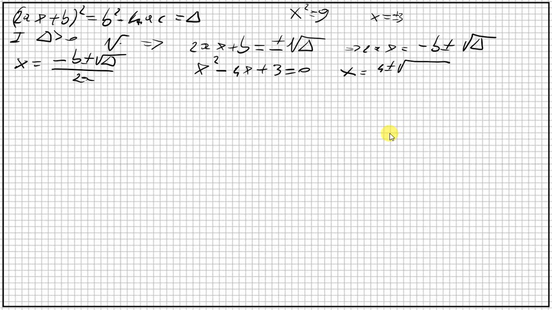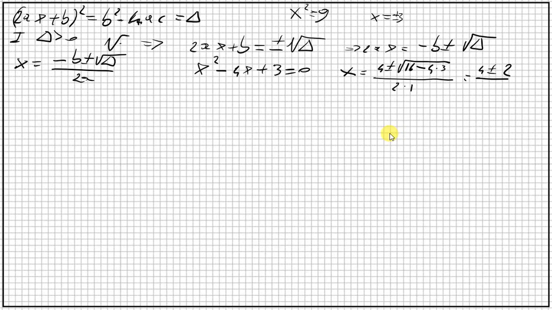Delta is b squared, b is minus 4, square is plus 16, minus 4 times AC. A is 1 and C is 3. So minus 4 times 3, divided by 2 times A, and A is 1 in this case. This is 4 plus or minus 16 minus 12 is 4, and the square root is 2.